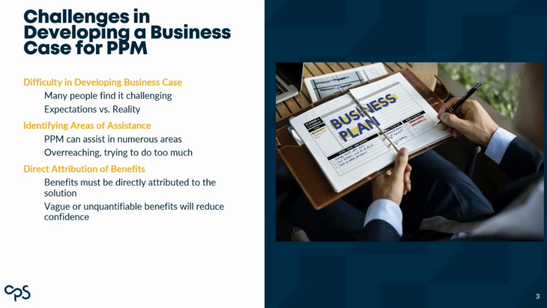Why? What? Where? Absolutely, you can put big numbers on the table, but you need to understand how you're going to attribute that to your PPM solution, how you're going to measure it, and where you're going to get that information from. Vague benefits cases are the biggest death knell on any project, but on a PPM project in particular.